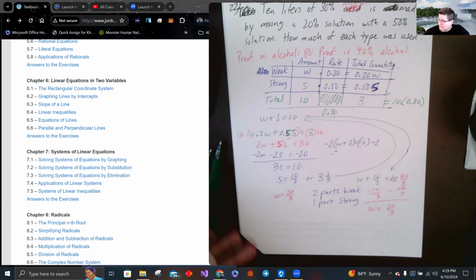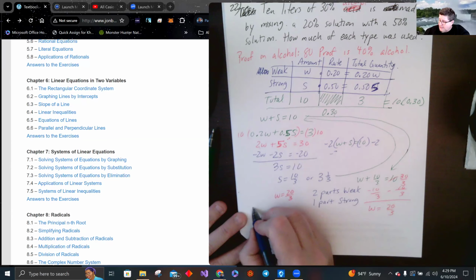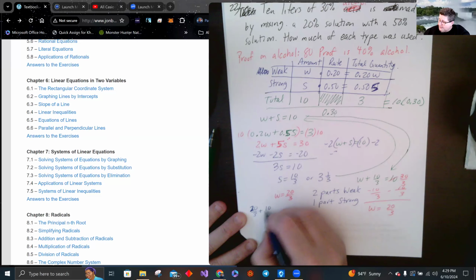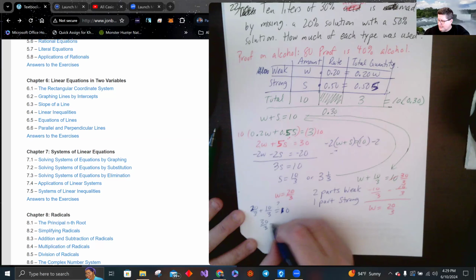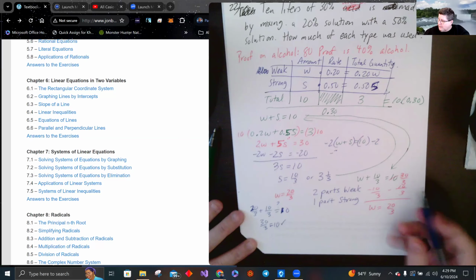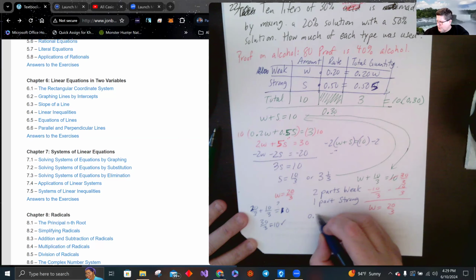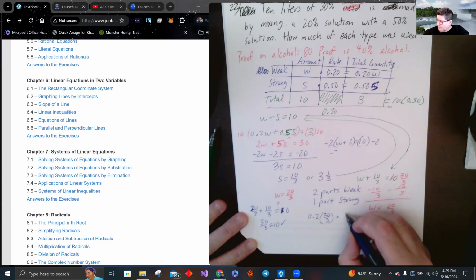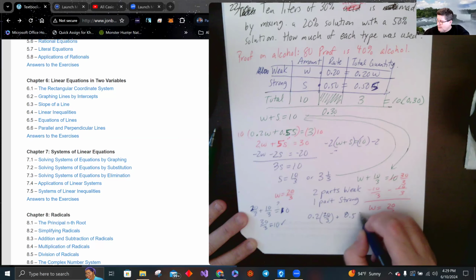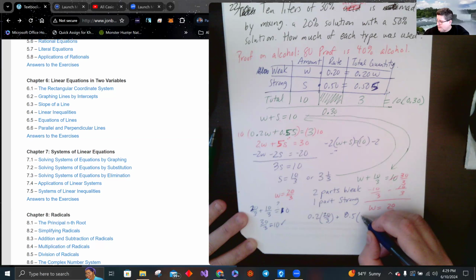Does this work? 20 over 3 was the weak, so I'll put that first, plus 10 over 3. Does that equal 10? I get 30 over 3 equals 10. That's true. Now 0.2 times 20 over 3, plus 0.5 times 10 over 3.